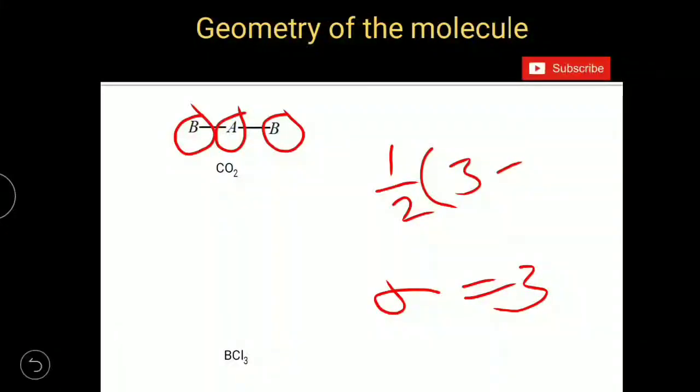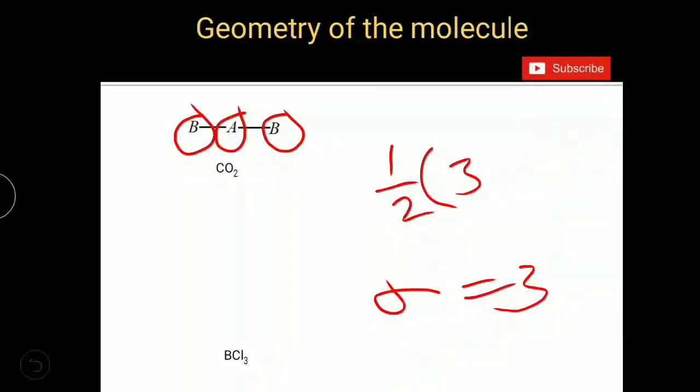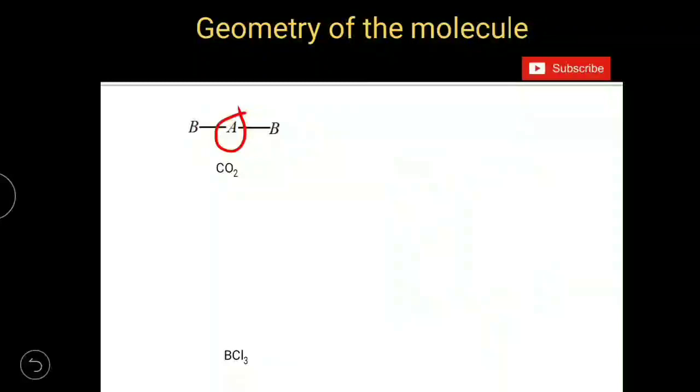So all the 3 electrons of boron atom are involved in bond formation. So there are no lone pairs. Lone pairs equal to 0. Sigma bonds equal to 3. So steric number is equal to 3 without lone pairs. So if the central atom has steric number 3 without lone pairs, then the shape of the molecule is trigonal planar. Central atom, let us consider boron A, and 3 chlorines, consider them as B.